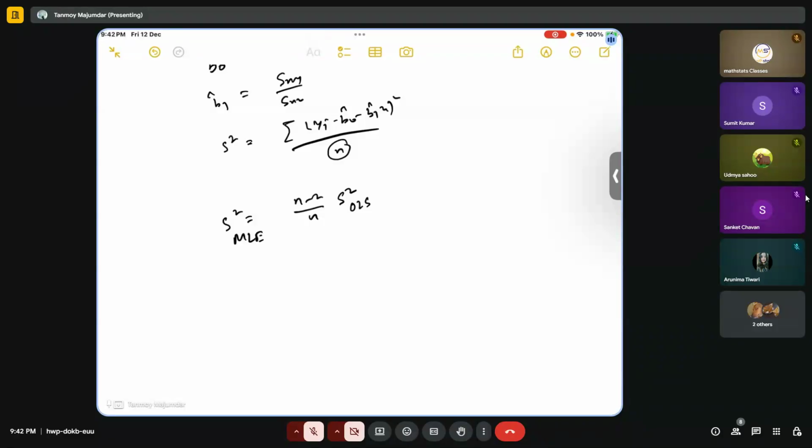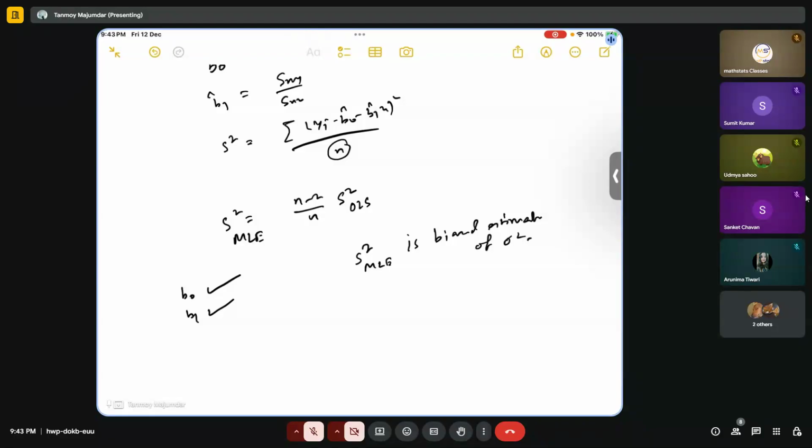Look, B naught and B1 both are unbiased estimators of beta naught and beta 1. So B naught is okay, B1 is okay, but S square MLE is a biased estimator of sigma square, right? Why is it biased? Because we have 1 by n. So that's why it is a biased estimator of sigma square.